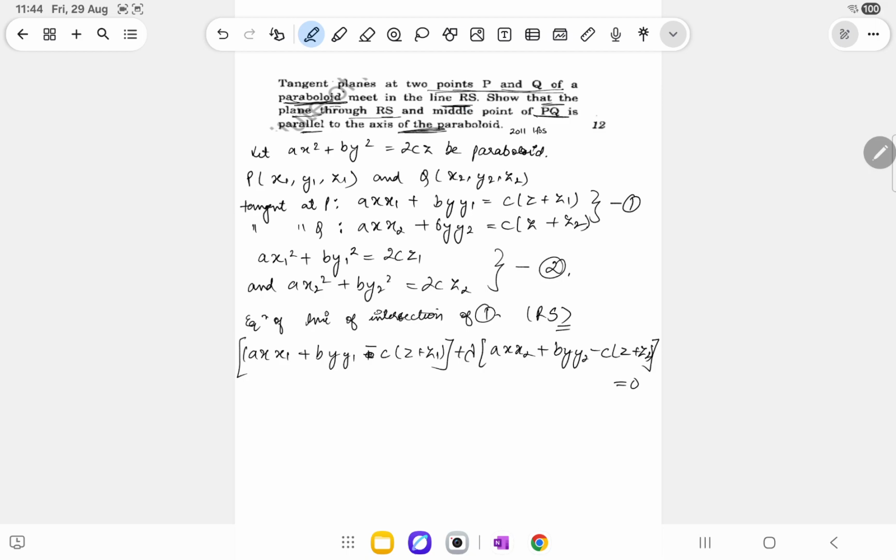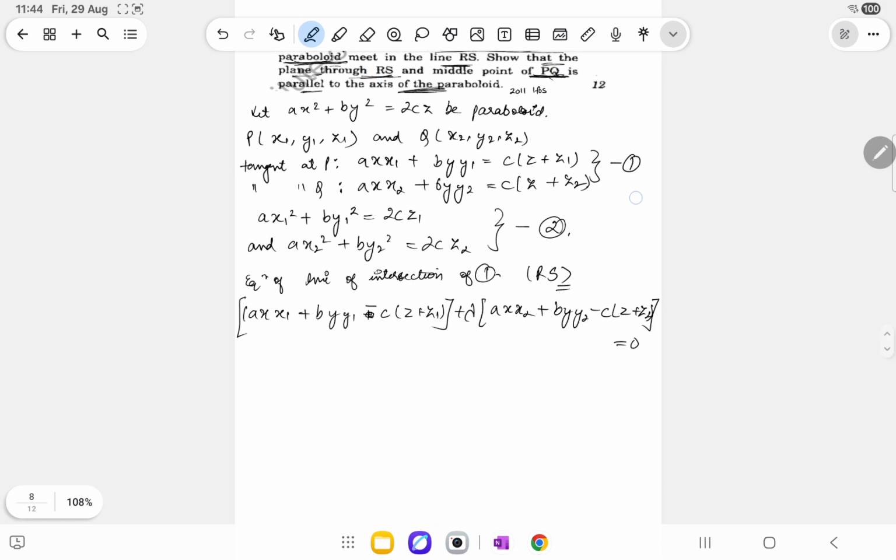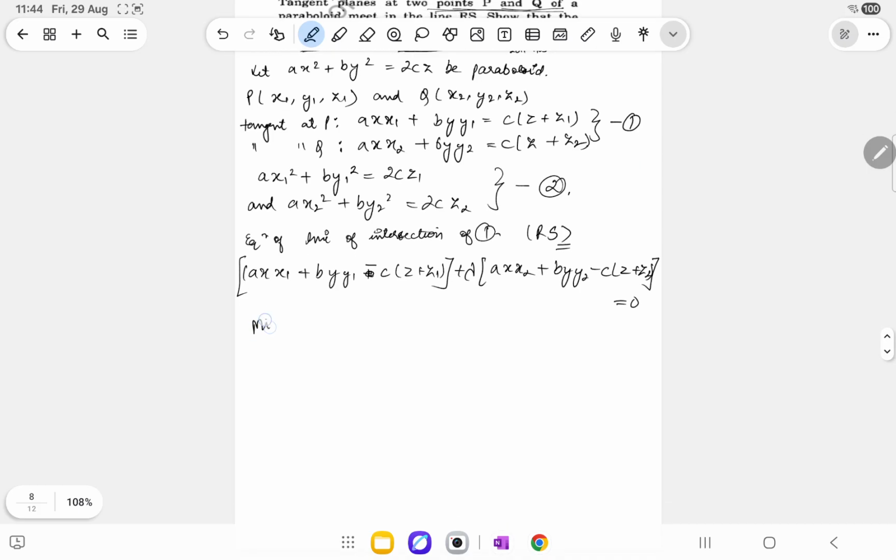So we are supposed to show that the plane passing via line RS and the middle point of PQ is parallel. The middle point of PQ will be (x1 plus x2)/2, (y1 plus y2)/2, (z1 plus z2)/2.